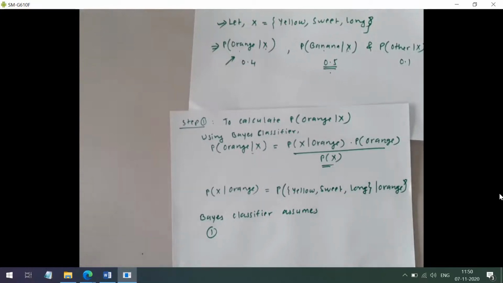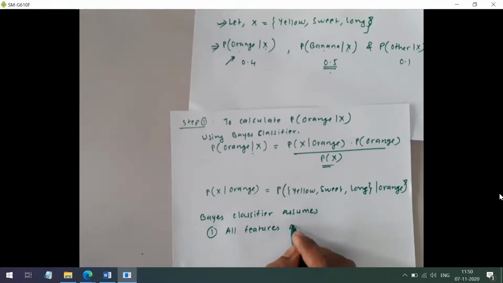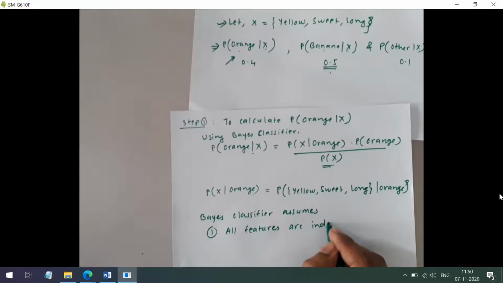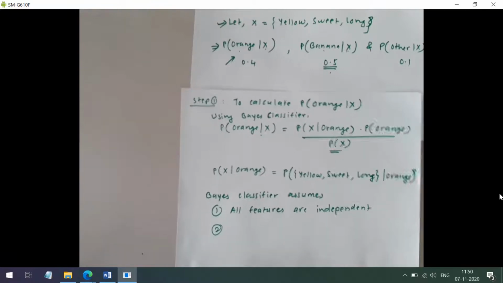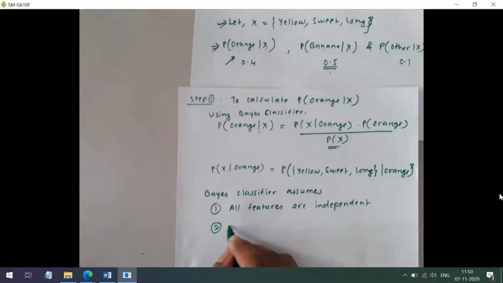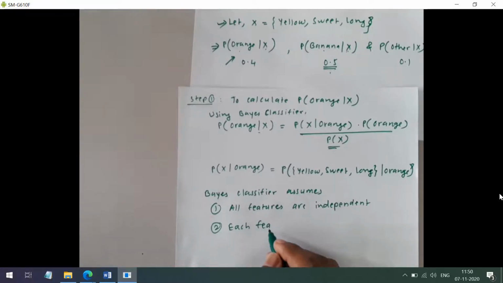So what is the first assumption? All features are independent. This is a very important assumption. And what is the term we use in machine learning for the assumption made by the models? Anyone? Is it inductive bias? Right?